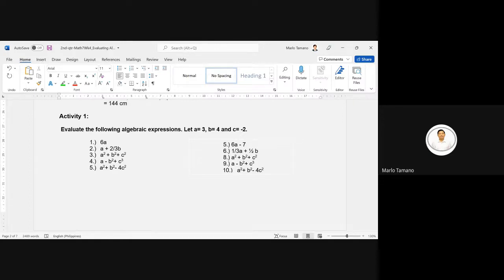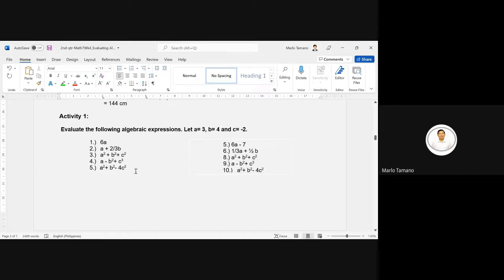Ano sagot? 8/9 po. 8/9. That is incorrect. Di ba palitan ninyo yung B ng 4? 8/3 yan. So 2 times 4 is 8/3. Tapos yung A ninyo ay 3. So 3 plus 8/3 po ang gagawin nyo.